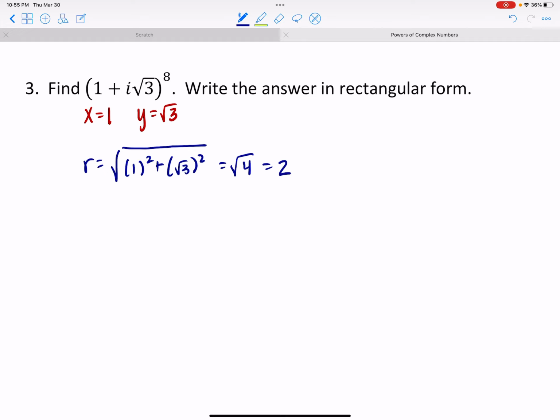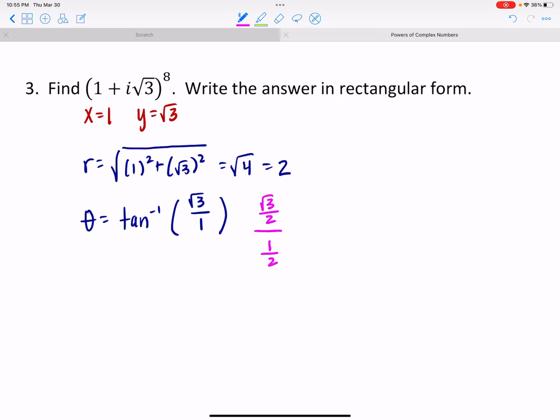And then our theta is the inverse tangent of y over x, so radical 3 over 1. Remember we're looking for an angle where we end up with a radical 3 on the top and a 1 on the bottom. And remember, these are coordinates. In our coordinates, all these radicals are over 2.